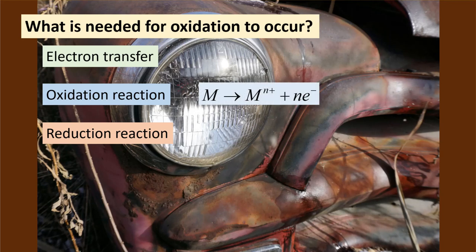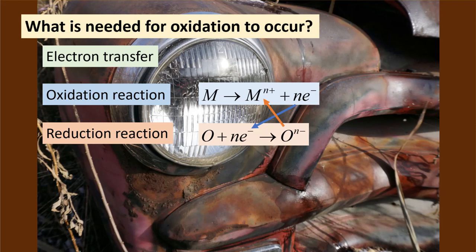In the oxidation reaction, the metal will lose some electrons and become a positive ion. In the reduction reaction, the oxygen will take those electrons and become a negative ion. Then the metal ion and the oxygen ion will form an ionic bond, creating an oxide film.